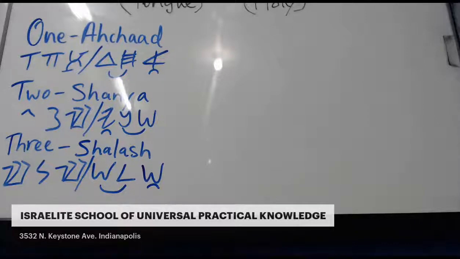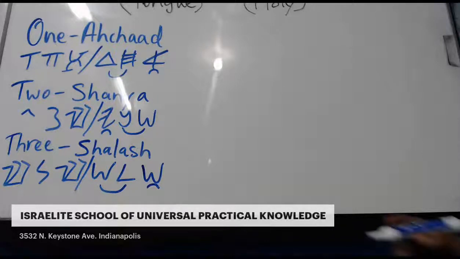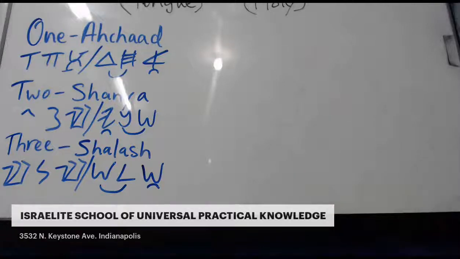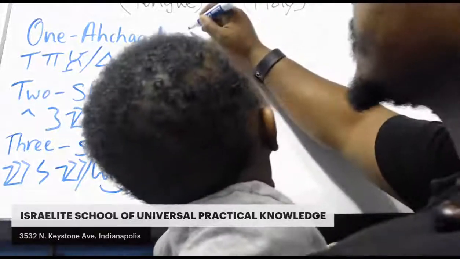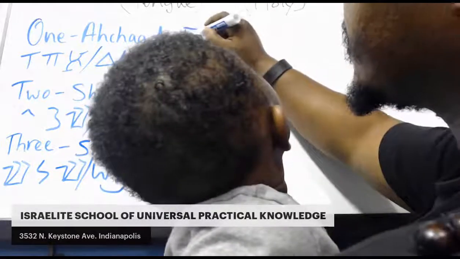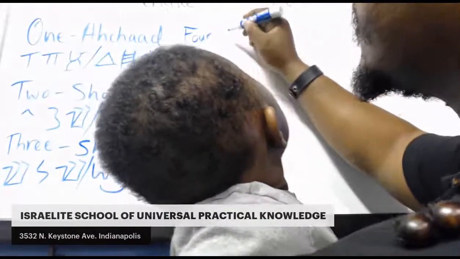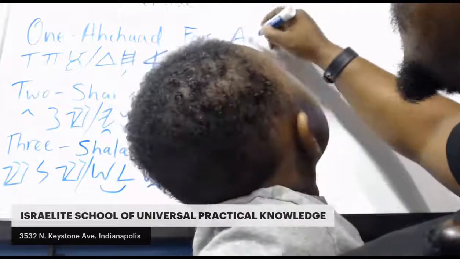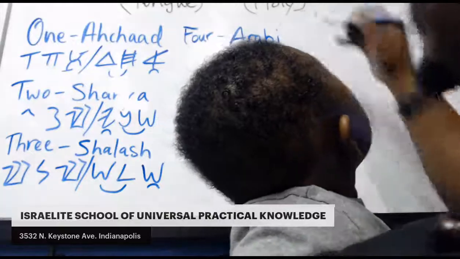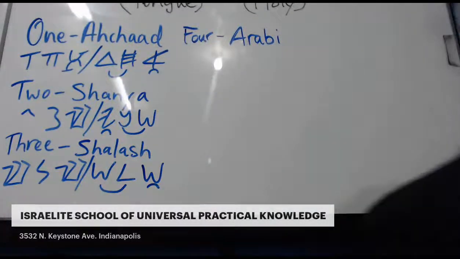So let's go to the next number, which is Arabai, 4. Four is Arabai.